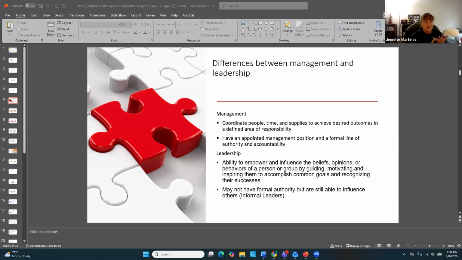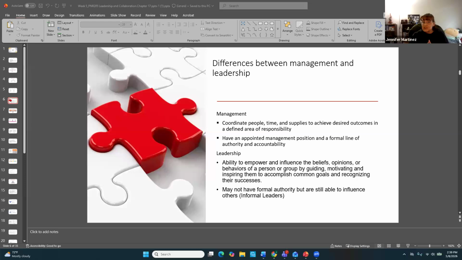So maybe you have a manager for therapy, for dietary, for housekeeping, right? Everybody. They have an appointed management position, meaning that they have been appointed by the organization or their leadership. They also have a formal line of authority and accountability.